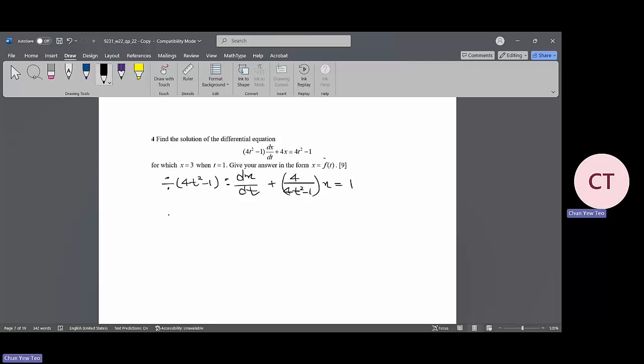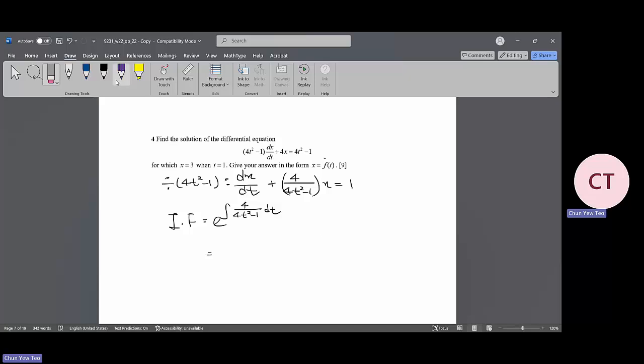So now your IF is actually e to the power of the integral of this function. Okay, so this one will be a bit troublesome. Actually, you can use the formula booklet MF19 to look for the formula to solve it.